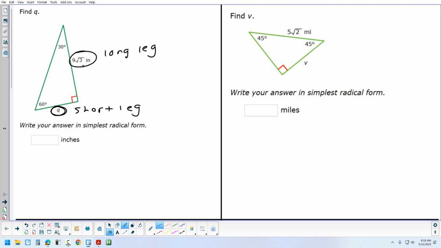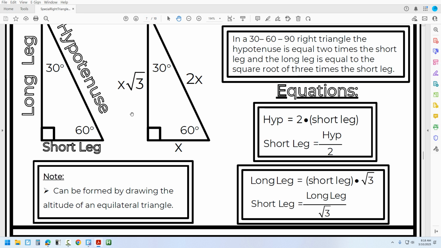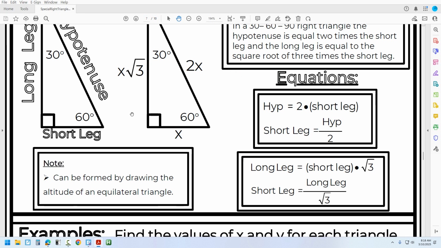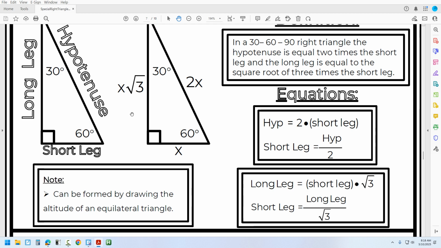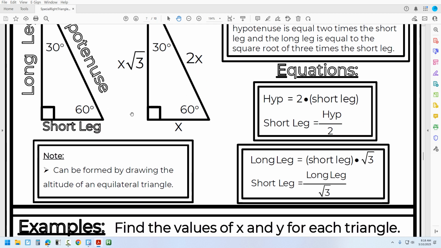All right, so let's go back and take a look. It says in a 30, 60, 90, the short leg is the long leg divided by the square root of 3. So the short leg is the long leg divided by square root 3.